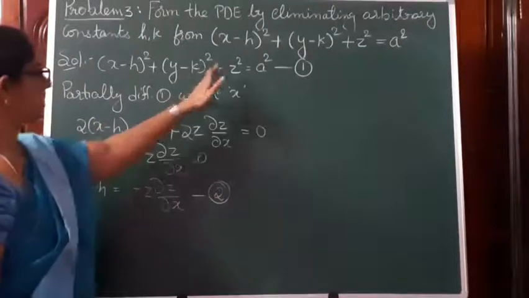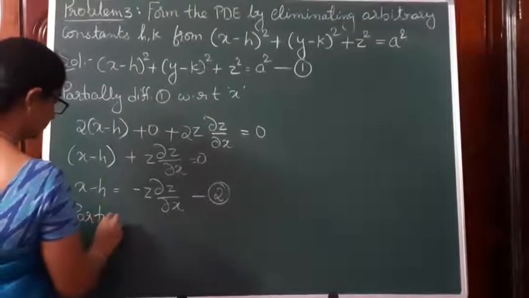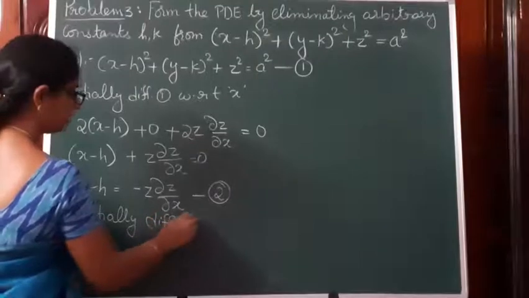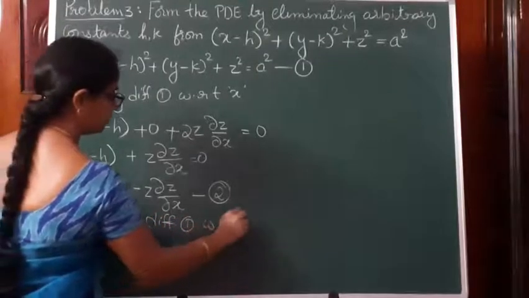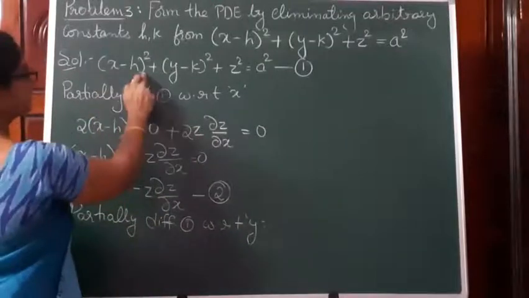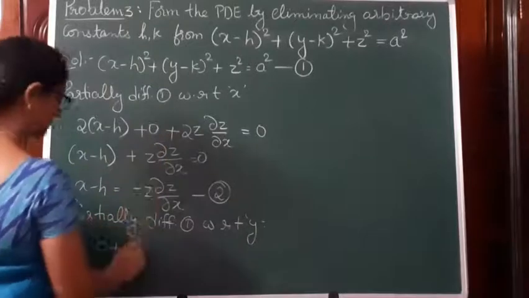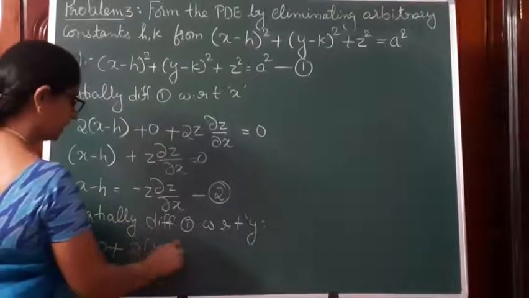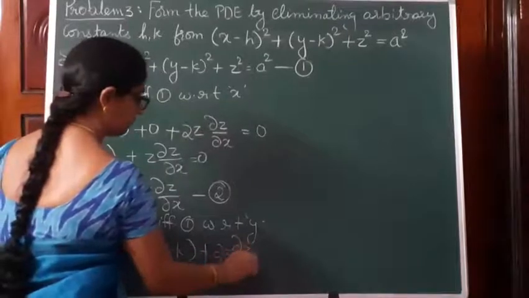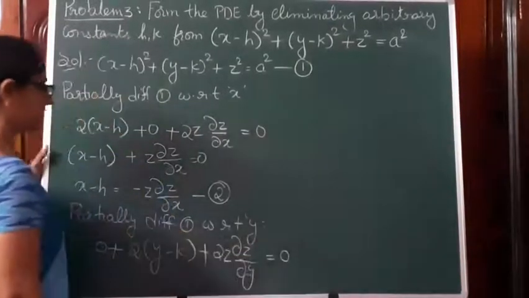Similarly, partially differentiating 1 with respect to y. What happens? Derivative of x minus h whole square is 0 plus derivative of y minus k whole square is 2 into y minus k plus derivative of z square is 2z into dou z by dou y is equal to derivative of a square, which is 0.